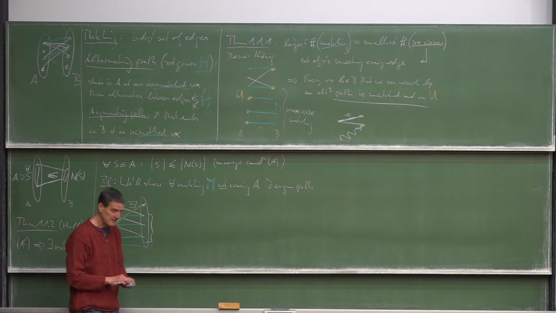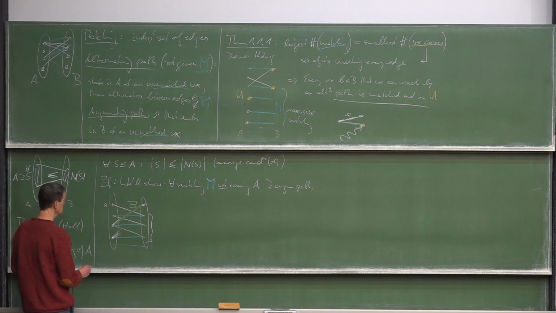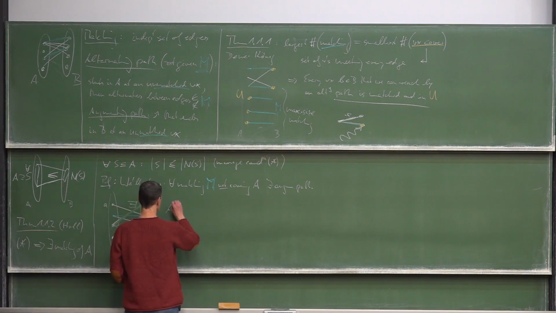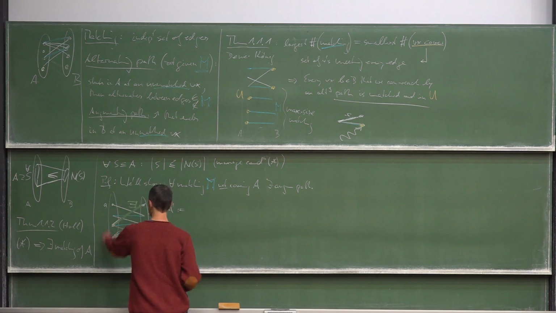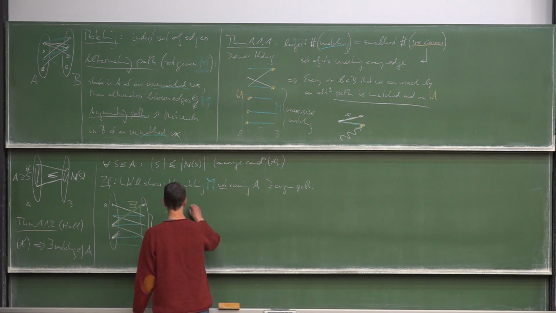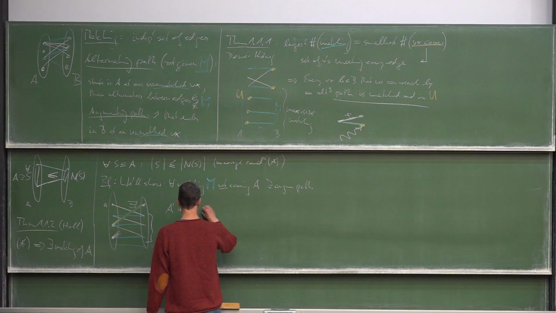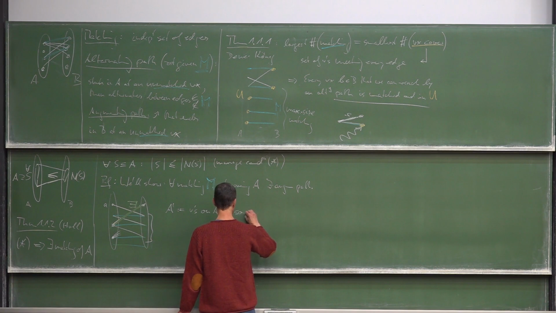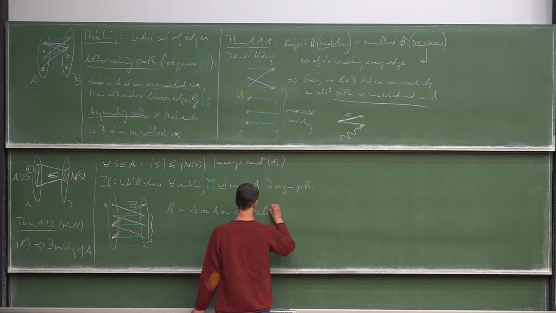Okay, to make it formal, let A prime consist of all the vertices in A that are on some alternating path, not just the one we're trying to construct here.